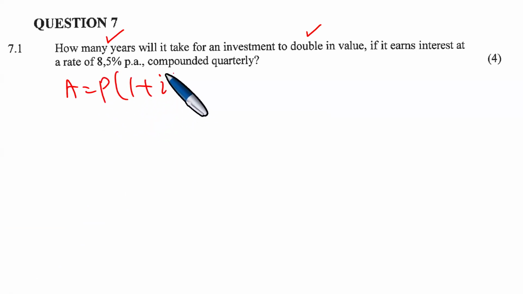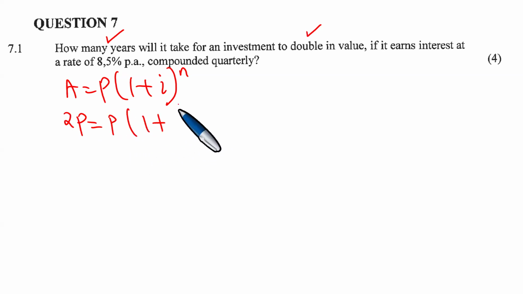So you'd have 1 plus i to the nth power, right? So then we continue. If you look at this, the investment was initially P, and if it doubles, it becomes 2P. P times 1 plus the percentage 8.5%, you divide by 100, it becomes 0.085.